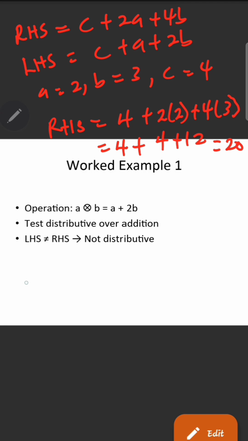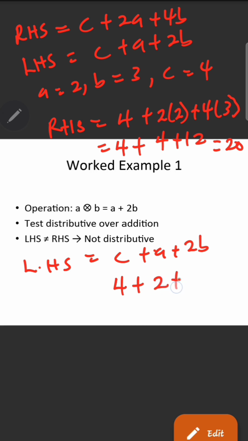Now let's check the left hand side. The left hand side is C plus A plus 2B. C is 4, plus A, 2, plus 2 into B, 3.